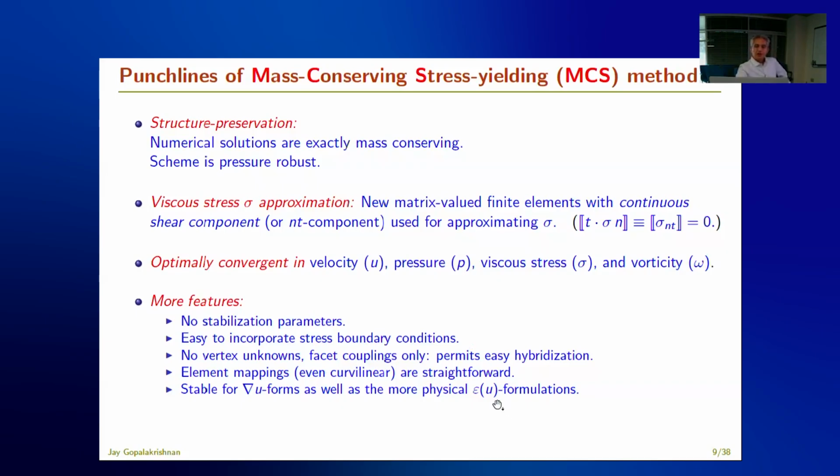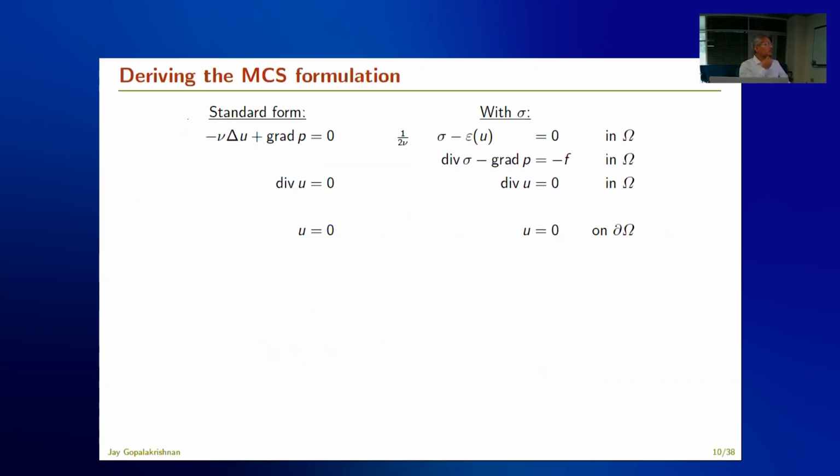These are the punchlines, but now I will try to give you a sense of how the method is derived. On one side is the standard form for reference, but I'll start with the physical stress-based formulation on the right-hand side.